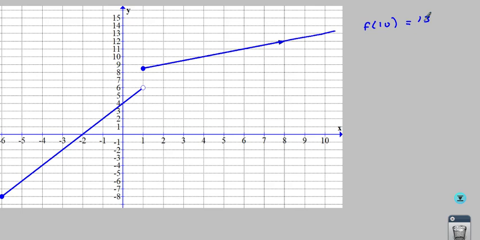Now, let's use this curve to solve f of x equals 2. At y equals 2, x equals -1. What about f of x equals 6? Looking across from where y equals 6, we have no solution. f of x equals 7, again, no solution.